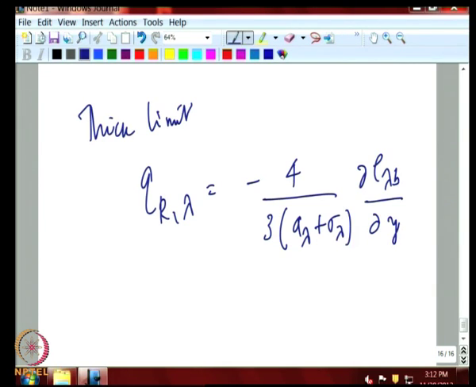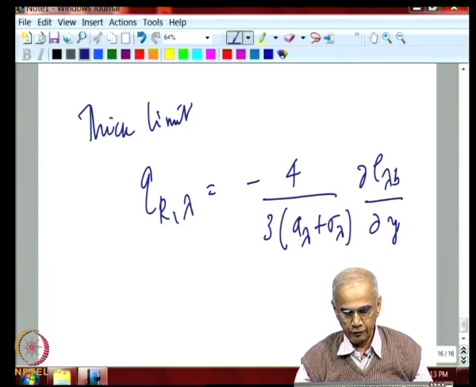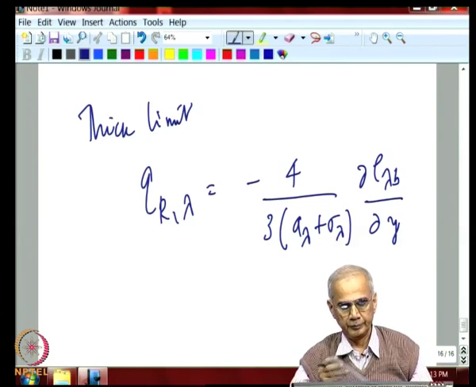So, you can see that in very simple cases, in the thin and thick limit, you can easily extend the simple models to include scattering by merely modifying the A lambda to A lambda plus sigma lambda. But in all other cases, where the thin and thick limits are not valid, we are going to have a difficulty, because we have to take care of the angular nature of radiation extremely carefully.